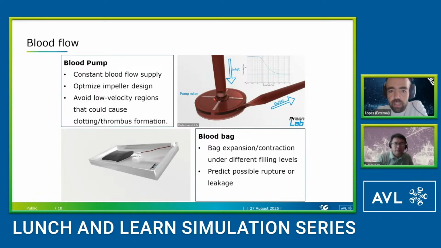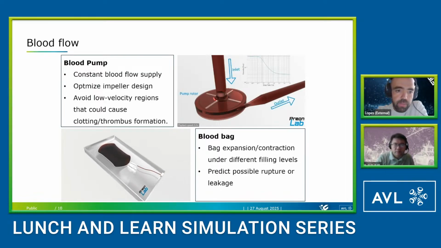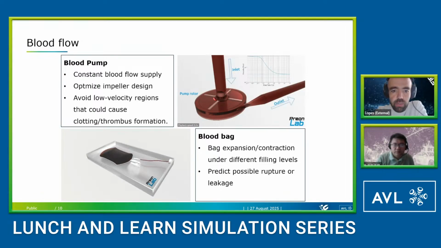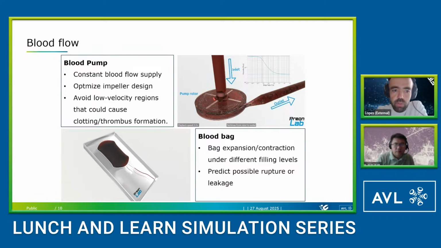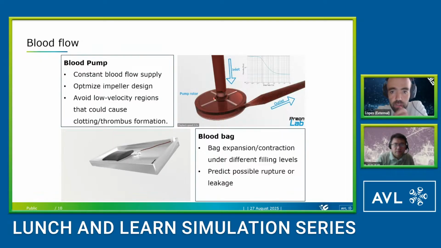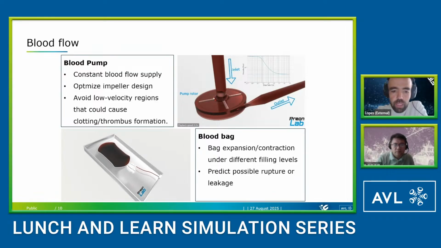And when designing something like this, we want to, of course, avoid the regions where the velocity is low and there's a lot of recirculation, because these areas are prone to develop clots. And of course, this is not wanted because we want to minimize the appearance of this in the blood, right?